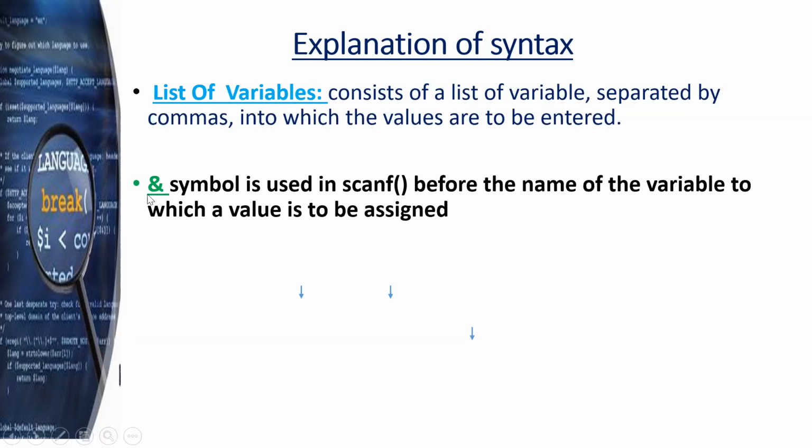And this symbol, &, is used in scanf before the name of the variables to which a value is to be entered. Suppose you write a, so before writing a, you will add this symbol. Look at the example.